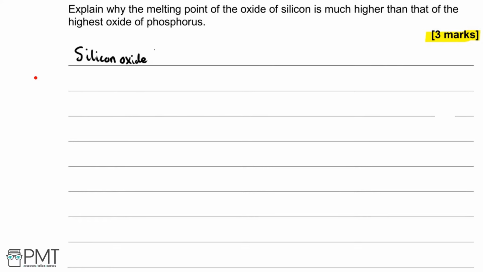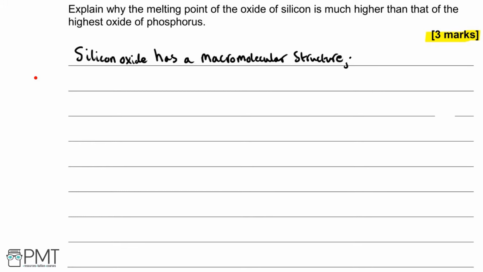So silicon oxide has what's known as a macromolecular structure, which is also referred to as a giant covalent structure. It means that it's a giant structure with covalent bonds connecting all of it. It's quite a strong structure.